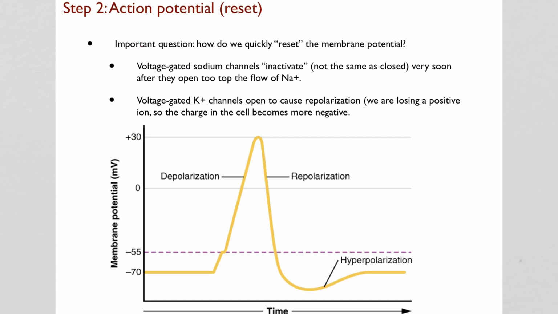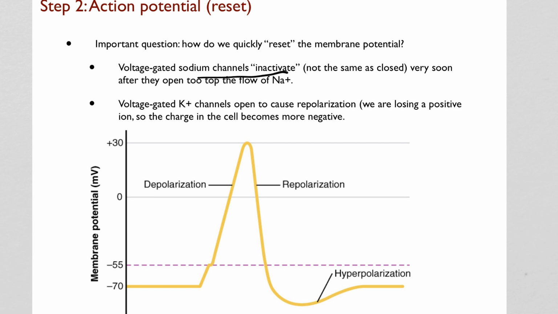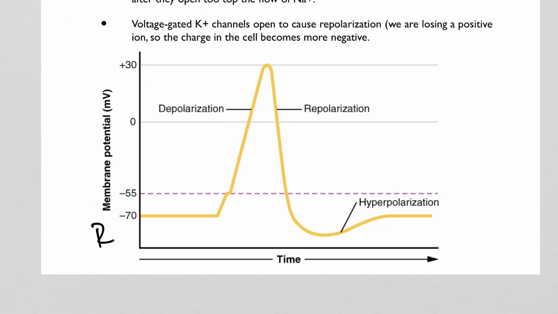And that inactivation step prevents this depolarization line from going up and up and up forever, right? So on this graph, -70 is where we started at rest. This was our graded potential that we got from releasing neurotransmitters, and this would be caused by EPSPs.